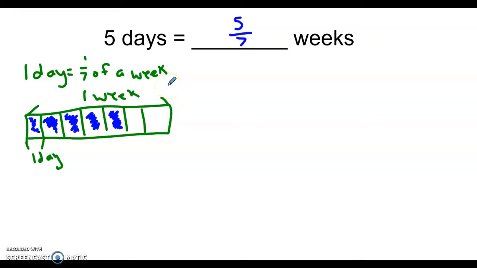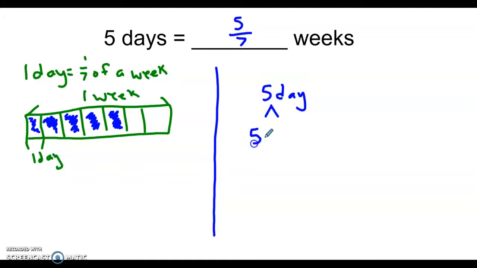If we're looking at it in number form, and I like to do it in multiple ways, I have my 5 days, but I'm going to decompose this, and I'm going to say it's really 5 times just one day. And I know that my one day is going to be converted. So I'm going to do this first. I'm going to convert this into 1/7, as we talked about over here.